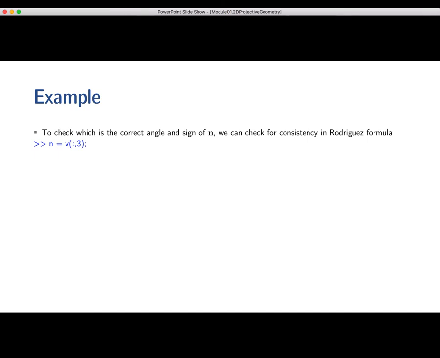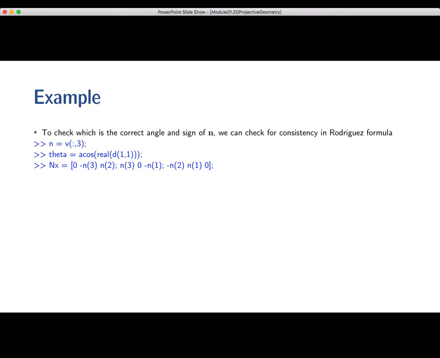So to check, I can just check for consistency with the Rodrigues formula. I take my n, which is the third column of V, and then I find theta from that. This is in radians. Then I compute my skew symmetric matrix from that n. It's already in normalized form because the MATLAB function gives you a vector in normalized form, so I didn't have to divide by the norm, but I could have.